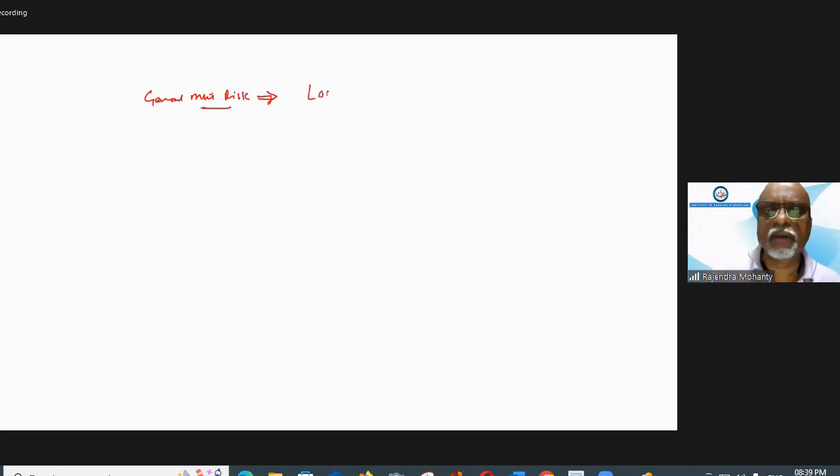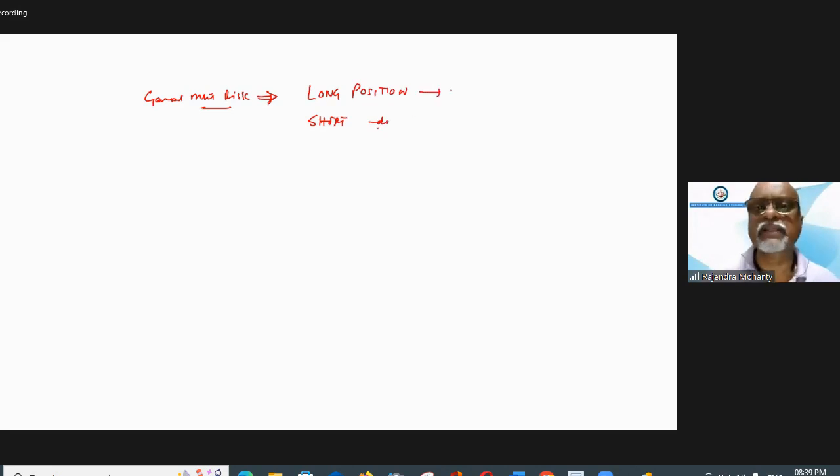Okay. Can you tell me what is a long position and what is a short position? Overbought is a long position, oversold is a short position. Okay. So what happens when you overbuy or oversell?